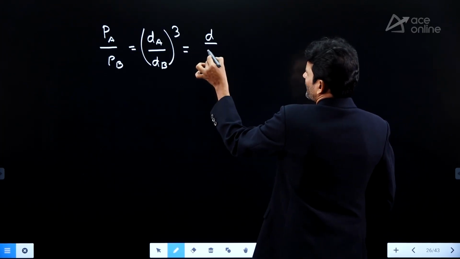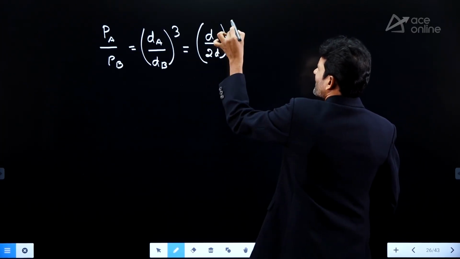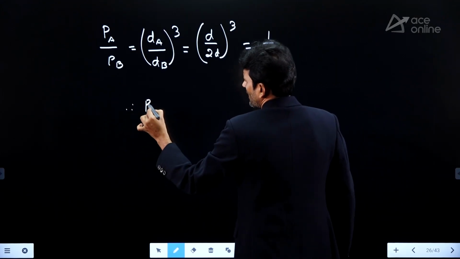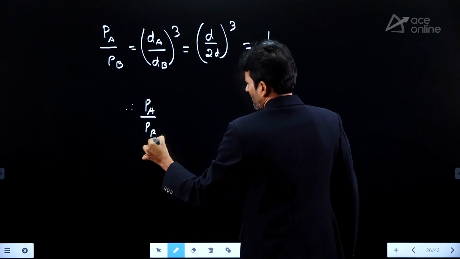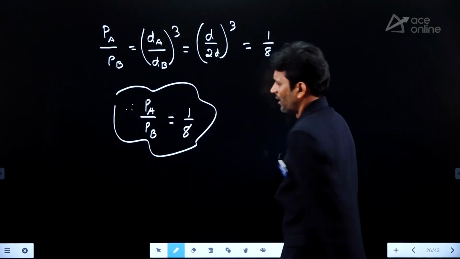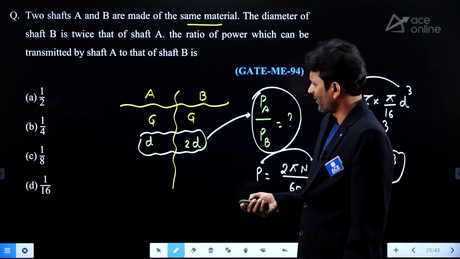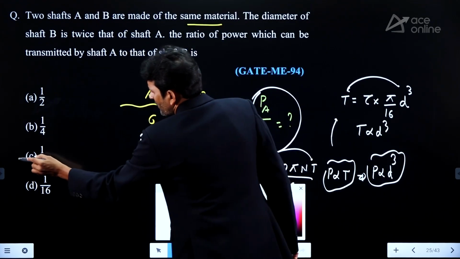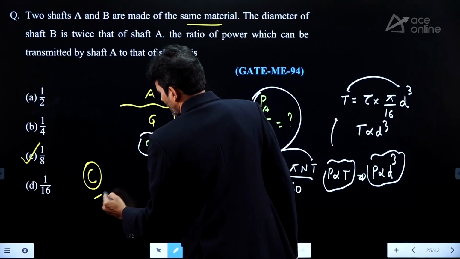D. This is 2D. Simplify this, you are having 1 upon 8. So PA divided by PB is 1 upon 8. Look at the correct option. 1 divided by 8, you are identifying at option C. Option C is correct for this question.